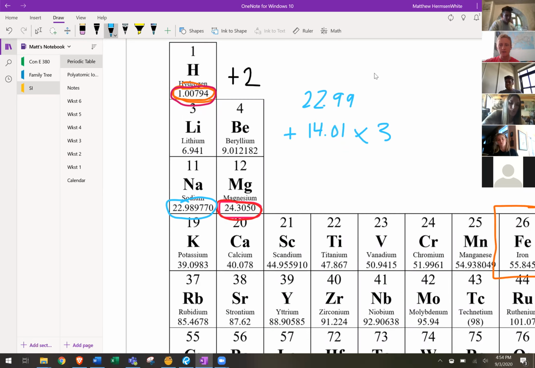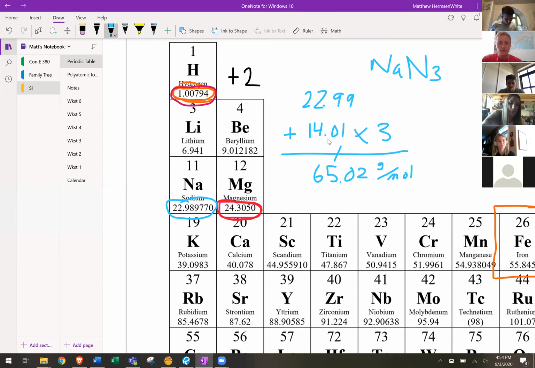But remember there were 3 of them. It's NaN3. So 22.99 plus 14 times 3. And where did my answer key go? I'll just type it in real quick. So 22.99 plus 14 times 3. We get a molar mass of 65.02 grams per mole.